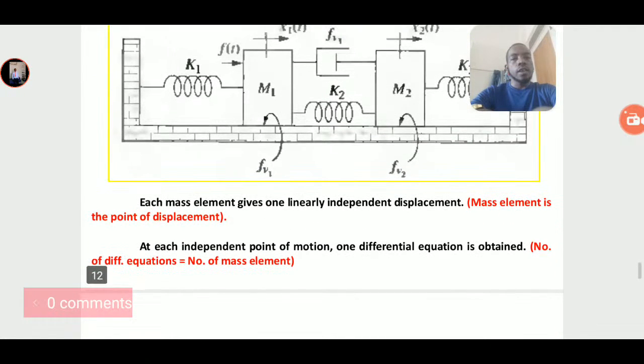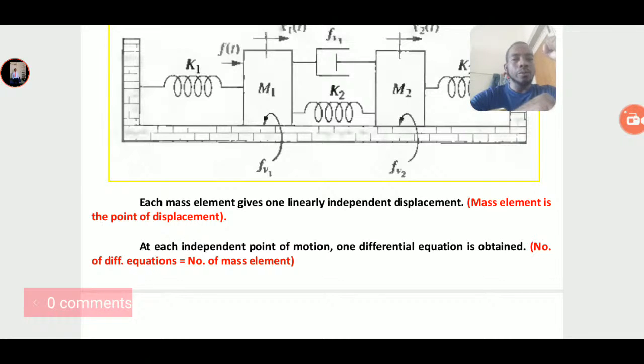So when we start to solve this equation, each mass element gives one linearly independent displacement. The mass element is the point of the displacement. So at each independent point of motion, one differential equation is obtained.